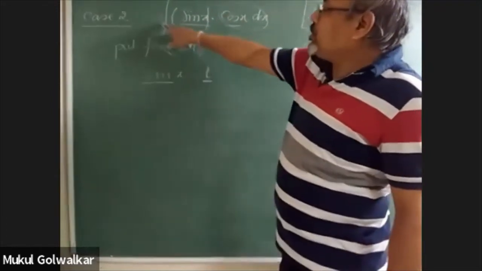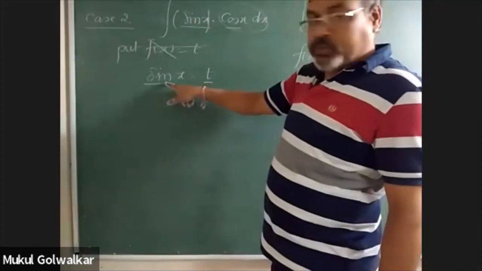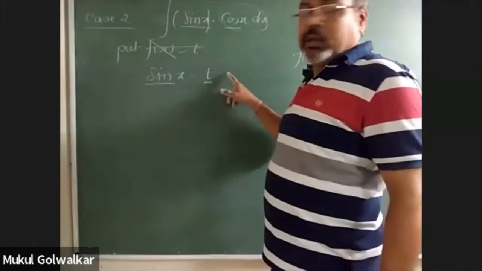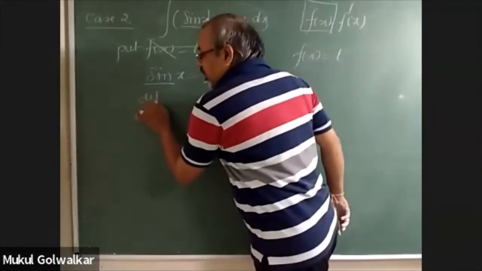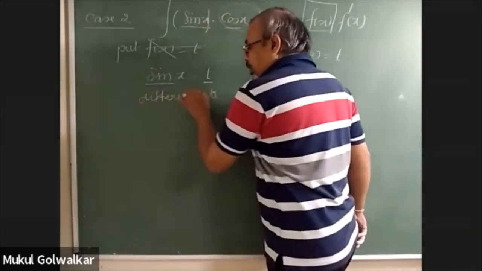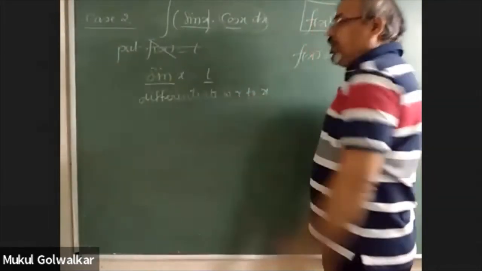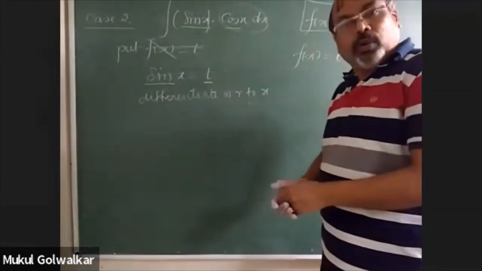See this function, sin x into cos x dx. I went for the substitution sin x is equal to t, and then the procedure is we differentiate with respect to x. We differentiate the given function with respect to x.